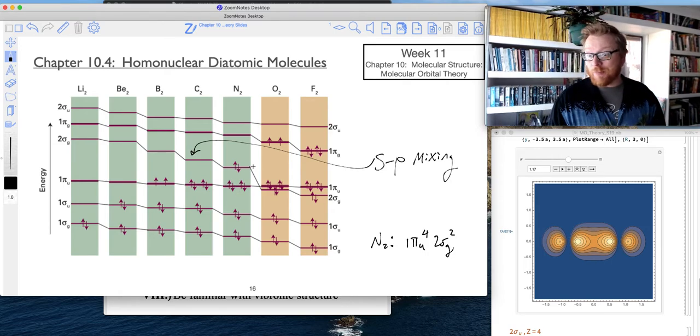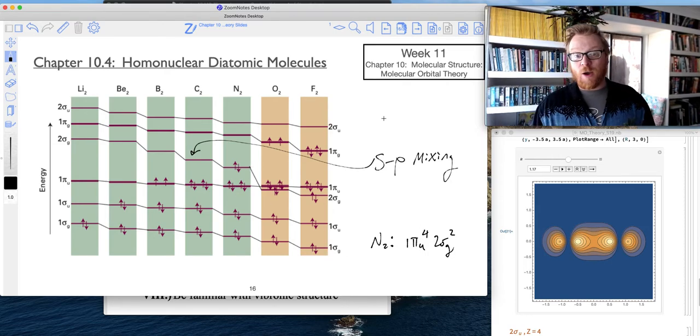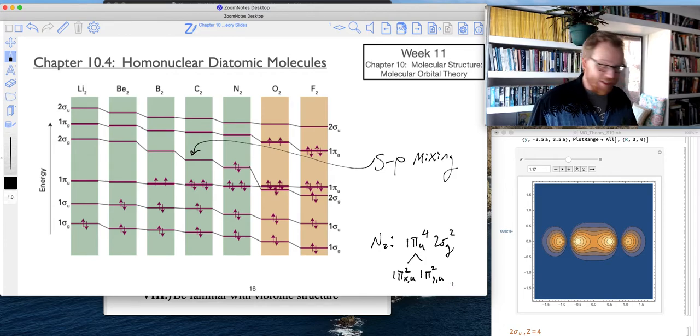But we have to remember that the 1πu is technically broken up into 1πxu, and there are 2 electrons there, and 1πyu, and there are 2 electrons there. That's where we're going to see this plus-minus 1 situation.